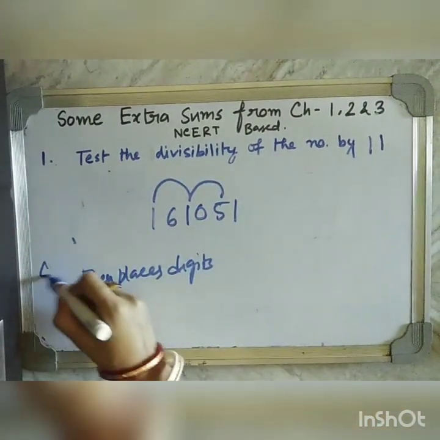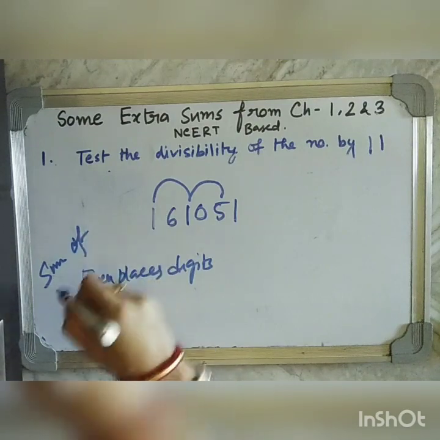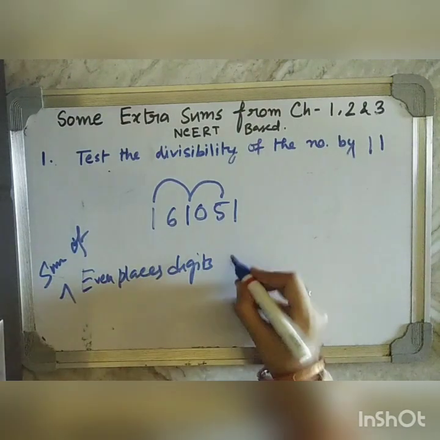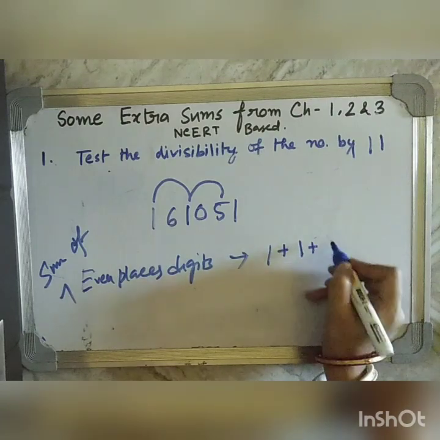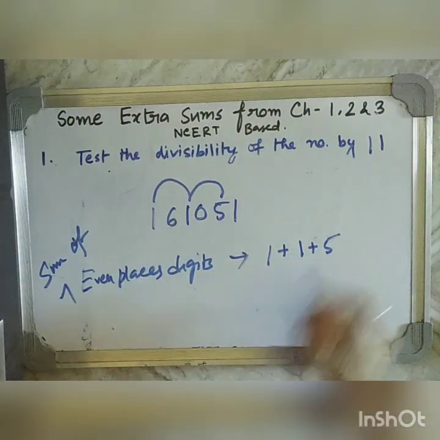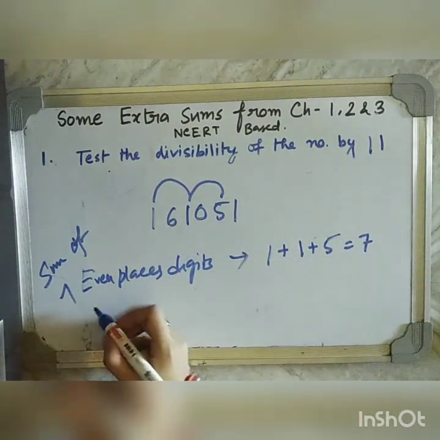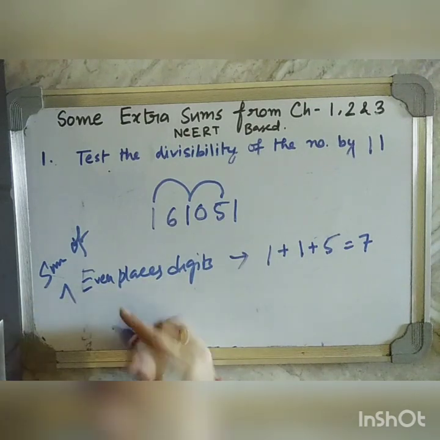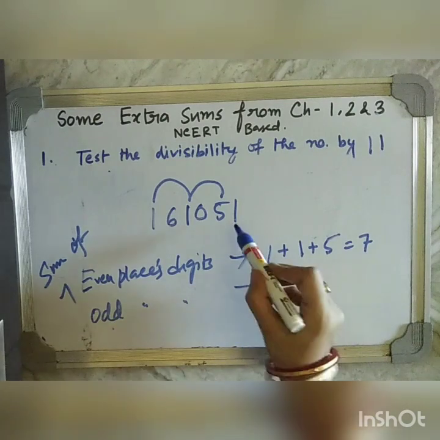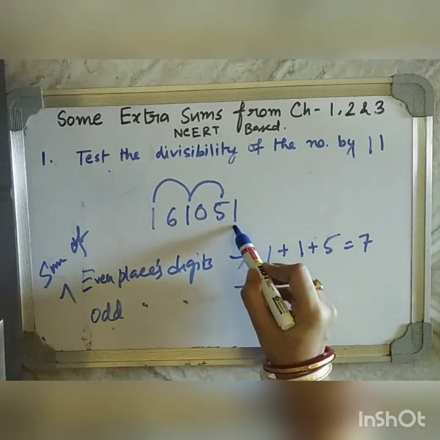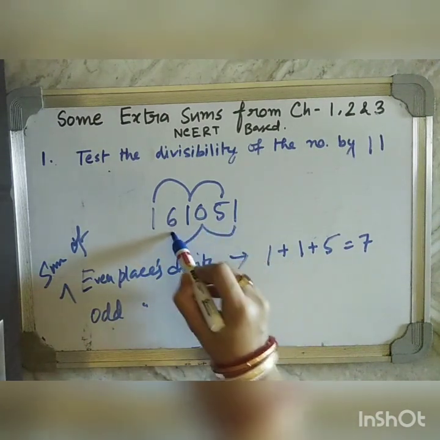Then we have to find the sum of these even places digits. So let's find the sum. 1 plus 1 plus 5 means 7. Now we have to find the odd places digits. From here the odd places will be started. 1, 0, 6.